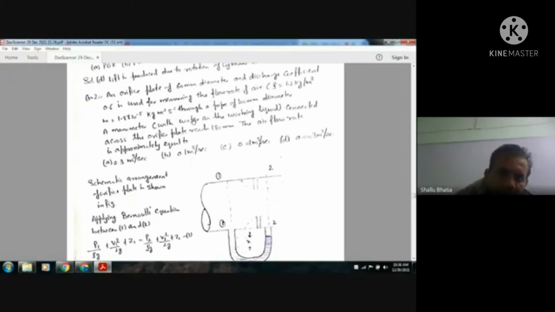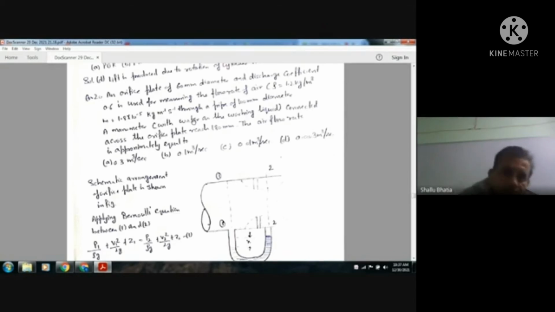A manometer with water as working fluid connected across the orifice plate reads 180 mm. The air flow rate is approximately equal to A: 0.3 meter cube per second, B: 0.1 meter cube per second, C: 0.01 meter cube per second, D: 0.003 meter cube per second.